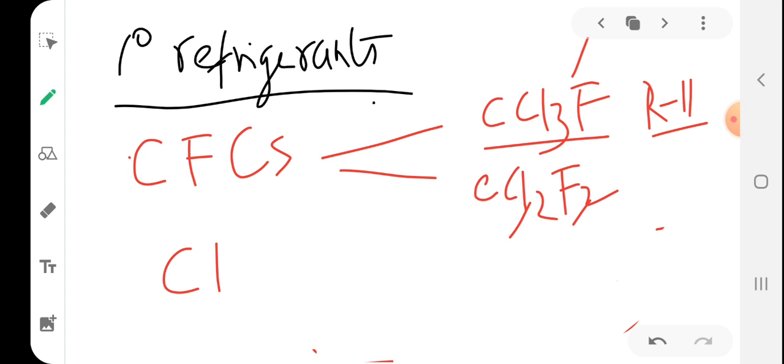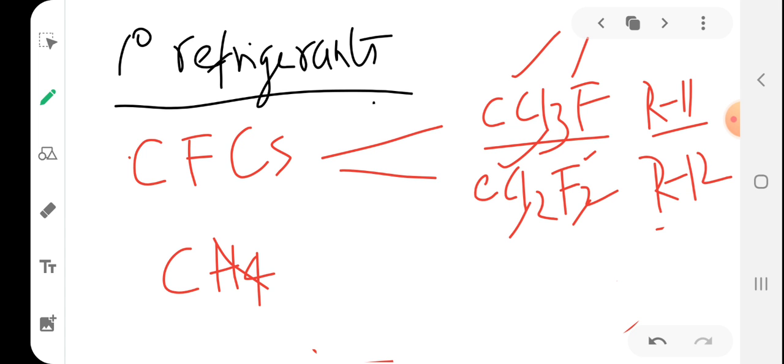Because methane is actually a CH4 compound where the hydrogens are replaced by three chlorine atoms and one fluorine atom here, and two chlorine atoms and two fluorine atoms here. So basically it is a derivative of methane. That is why these compounds are called trichloromonofluoromethane and dichlorodifluoromethane. So this is R11 and this is R12.